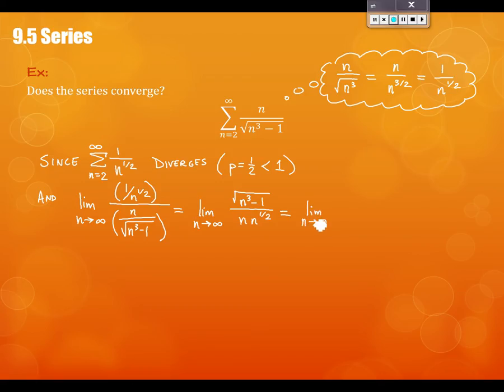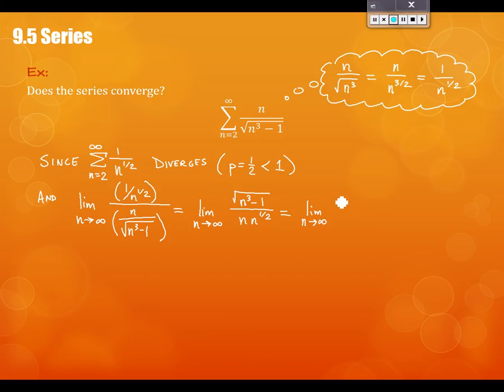Feel free to race ahead of me here. What's going to go on here? What do we say about the denominator? The n times n to the 1/2, that's like 1 plus 1/2, which would be 3/2. You know how to add. Good job.